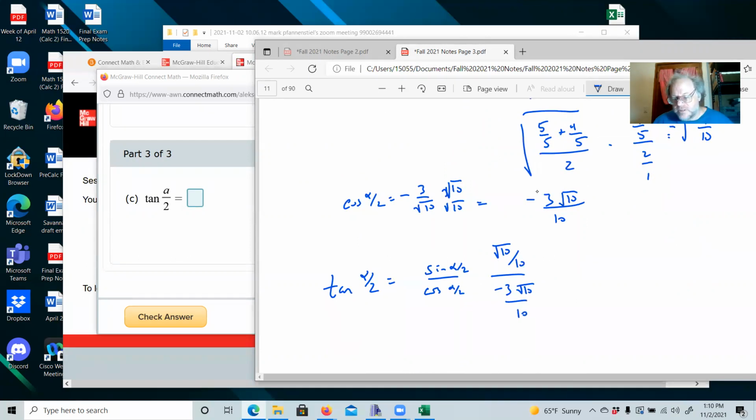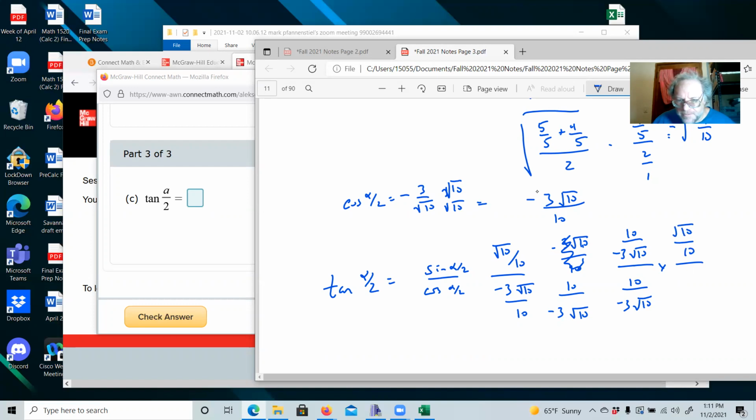So let's go ahead and multiply by the reciprocal of the denominator, so we can get rid of it. Oops, I messed up, I didn't invert. This is 10 over negative 3 root 10, times root 10 over 10.